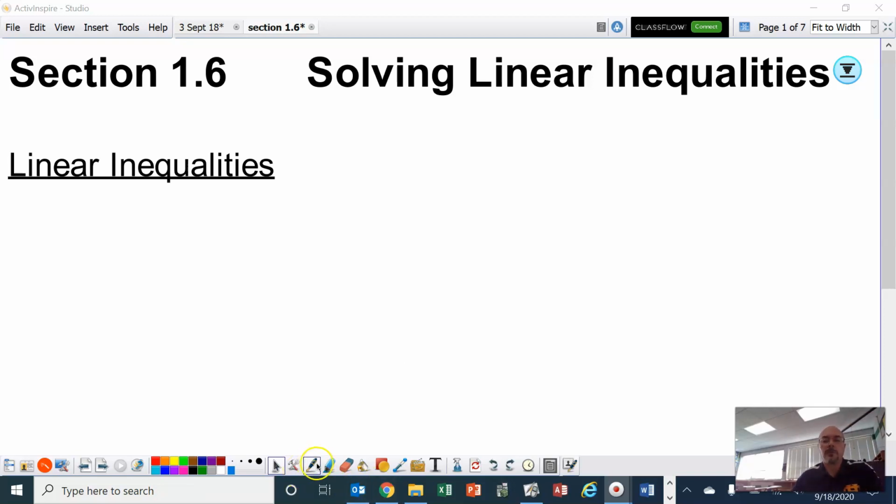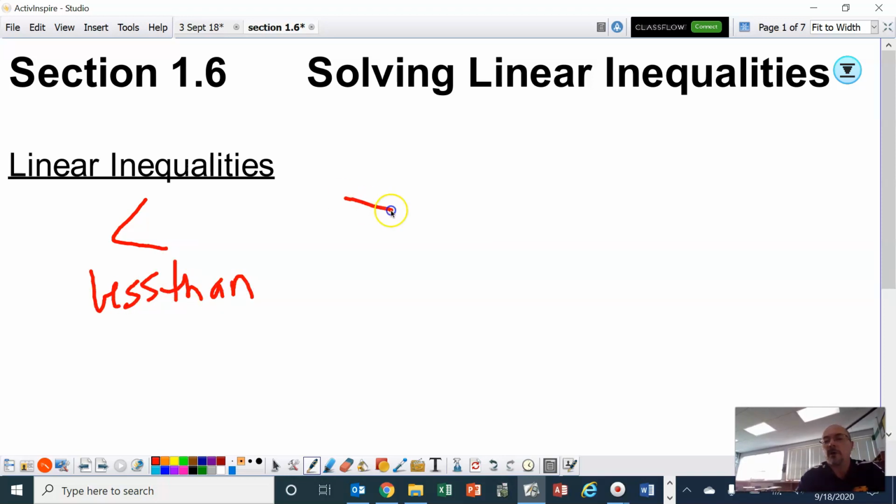First thing we need to remember is we have our less than, we have our greater than.